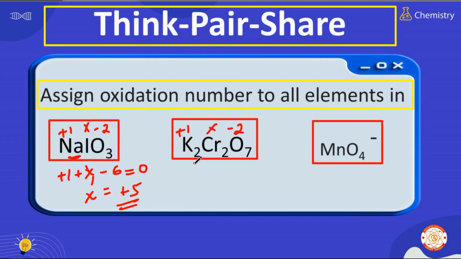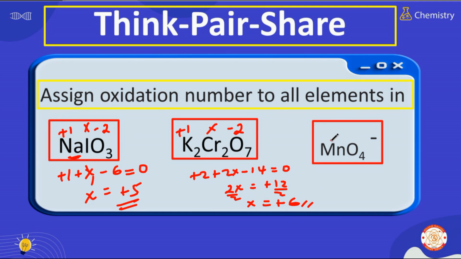Therefore, 2 times +1 is +2 plus 2x minus 14 equals 0. So if you add this, 2x equals +12. If you divide it by 2, you get +6. So the oxidation number of chromium in this compound is +6.